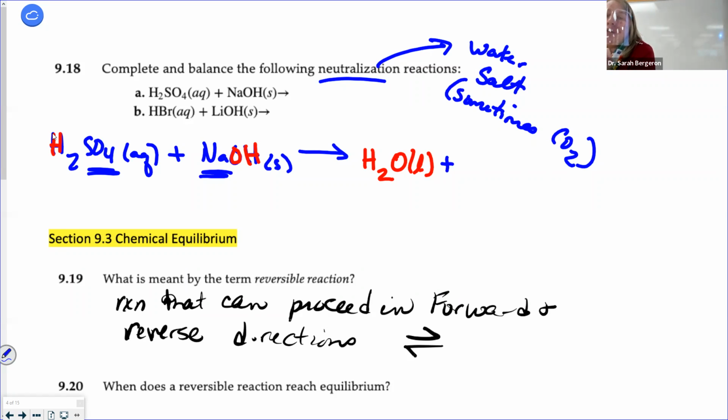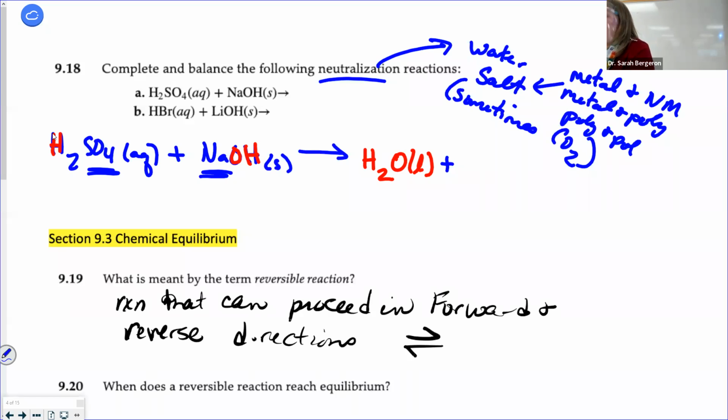So can I make a salt with that? What's a salt? A metal and a non-metal, or what? A metal and a polyatomic ion, or two polyatomics, right? So can I make a salt with what's left over in blue?